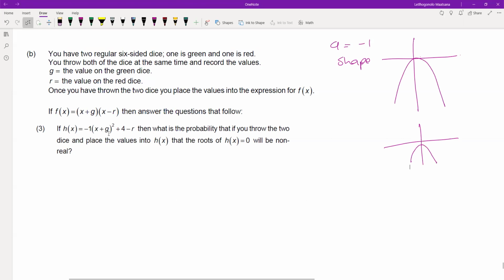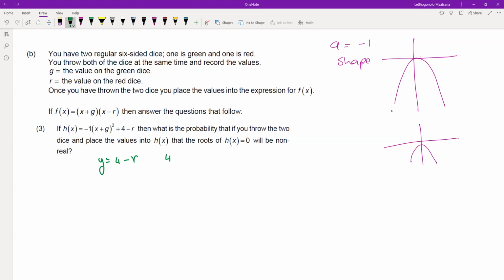Now, our turning point, from looking at the graph, the y value is given by 4 minus r.